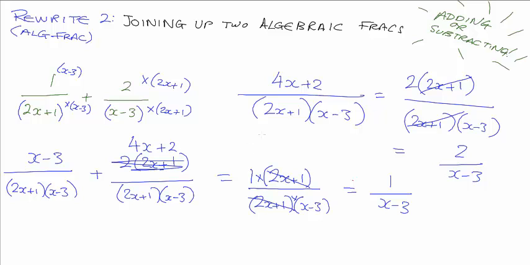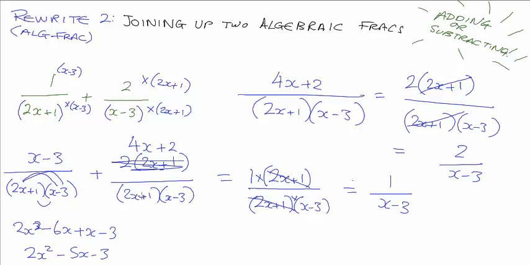So the reason I said don't multiply these out is that some of you, I'm sure, would have thought, alright, now I multiply this out, I make this 2x squared minus 6x plus x minus 3, which becomes 2x squared, that should have been squared, I don't know why I put that there, minus 5x minus 3.